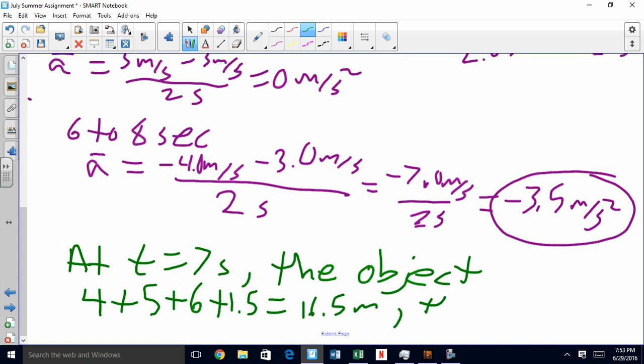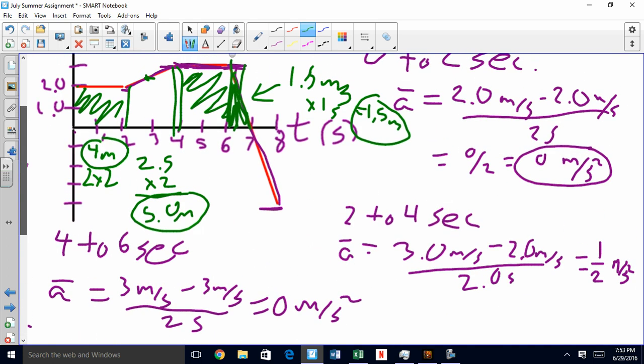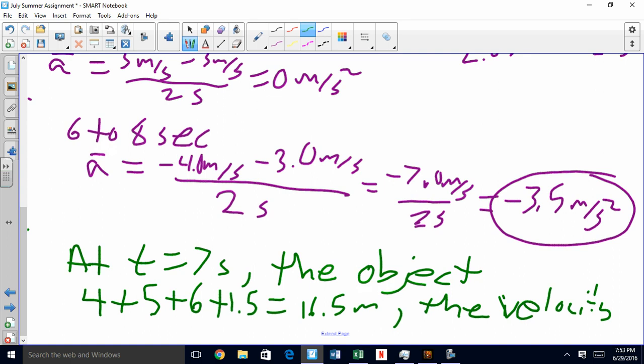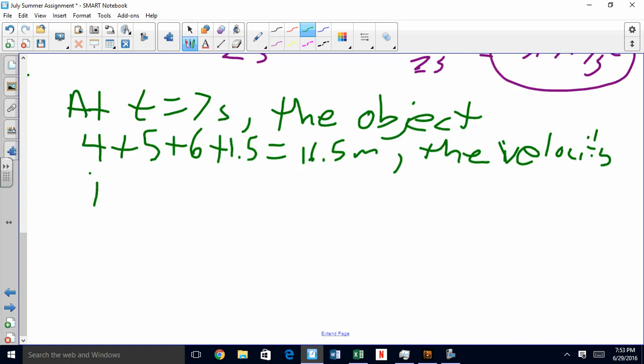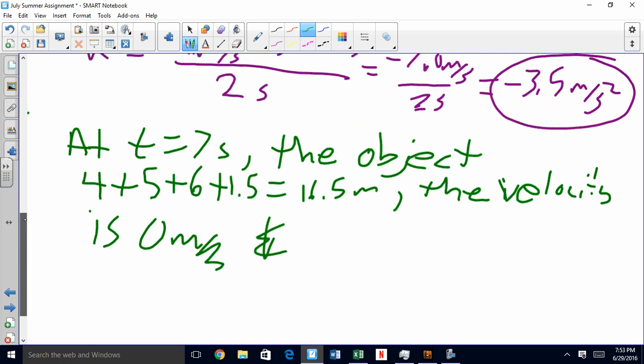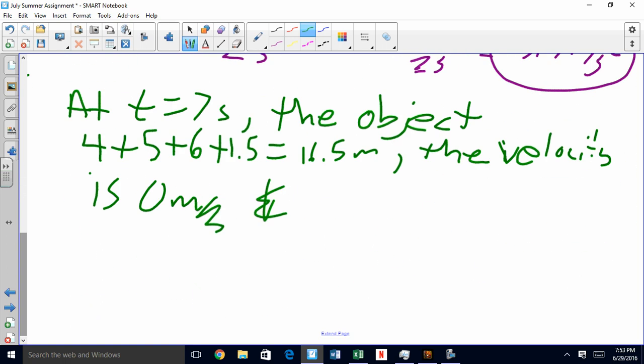The velocity is 0, I believe, right? Yep. Velocity at 7 seconds is 0. And the acceleration we just found was -3.5 meters per second squared.